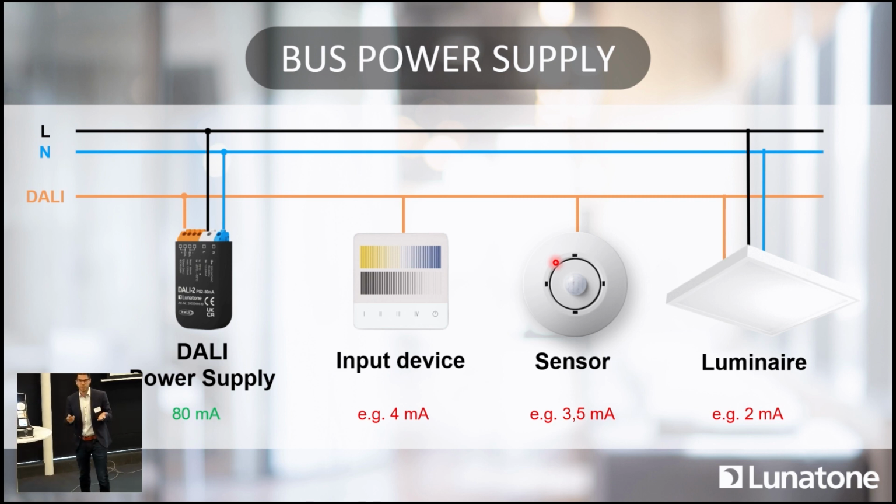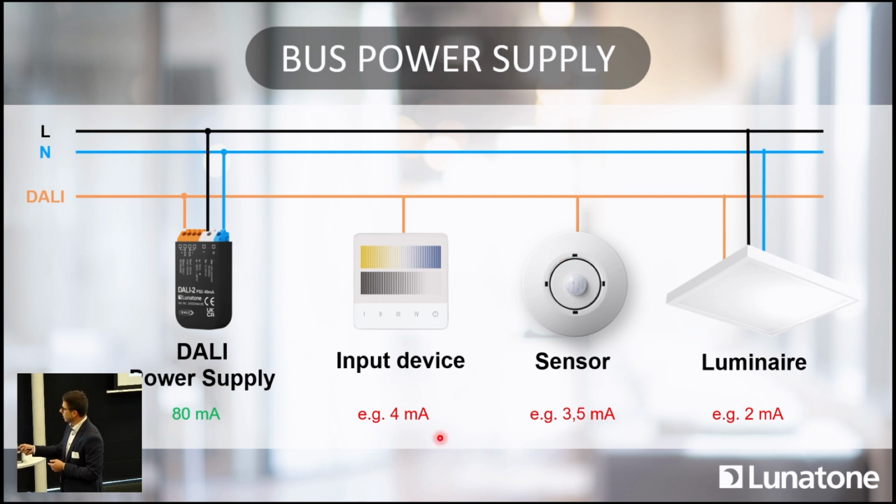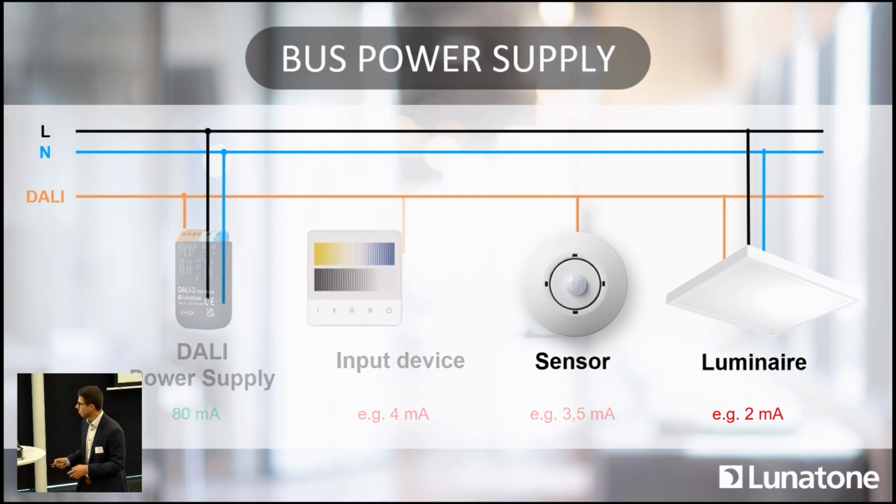The driver of the luminaire needs also power from the DALI line to have this controlling ability. And then what you need to do when you plan such an installation: okay, I have 80 milliamps. Now I need to add all those consuming devices. And if it's less than 80, then I'm fine. So pretty simple.